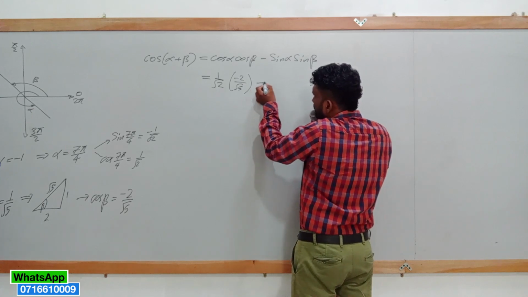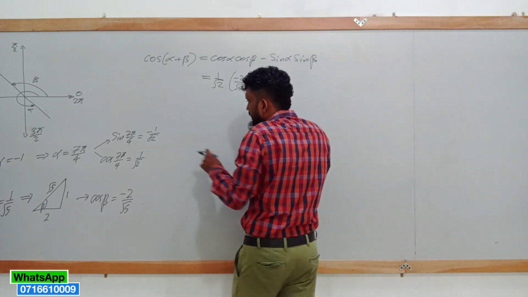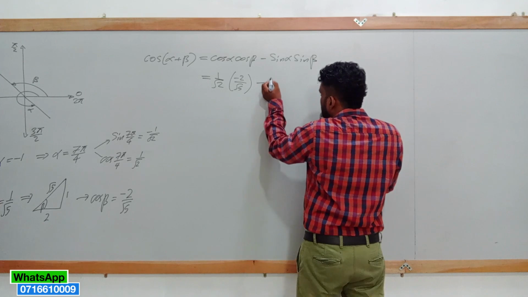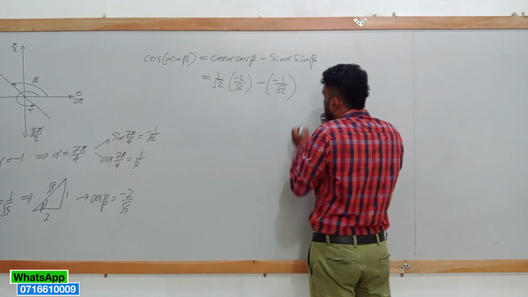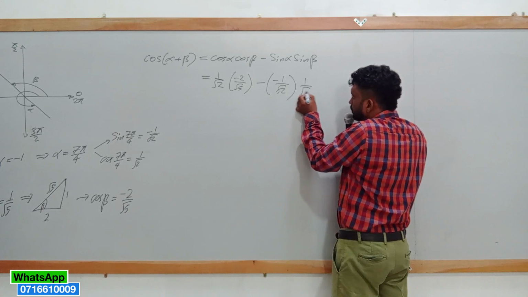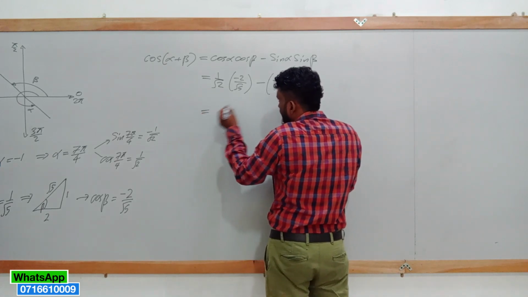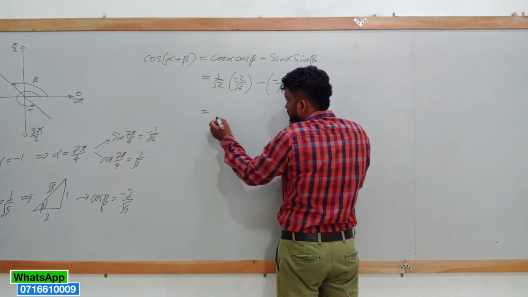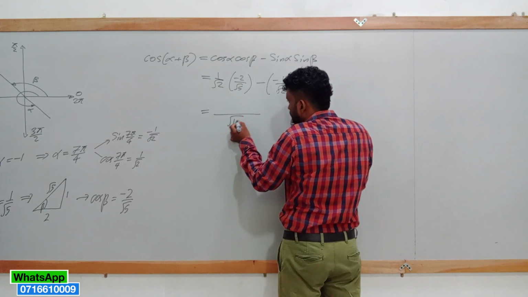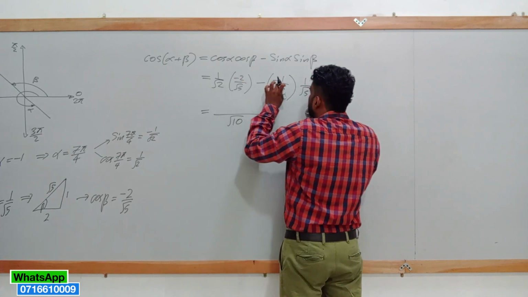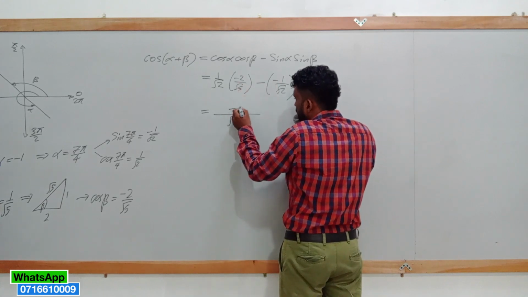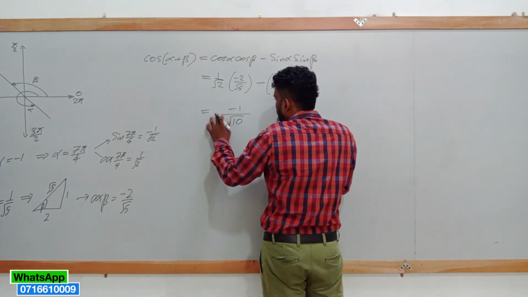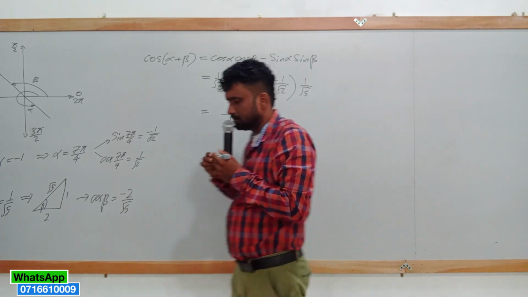Minus sine alpha, sine alpha is minus 1 divided by root 2. Sine beta is 1 divided by root 5. Then you can take the answer, root 10 common. Here minus 2 and minus minus plus, plus 1, minus 2, minus 1. Minus 1 divided by root 10. That is the answer, right?